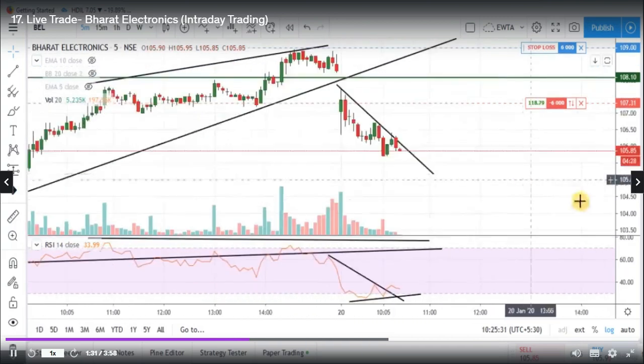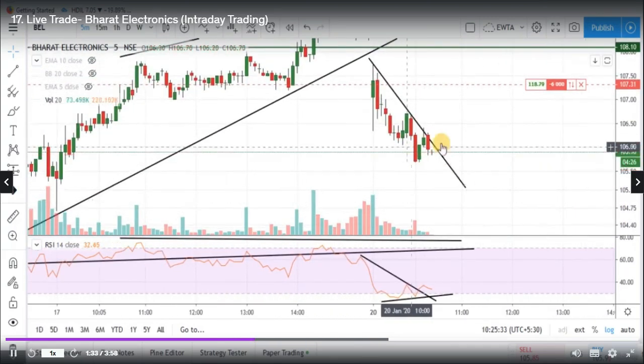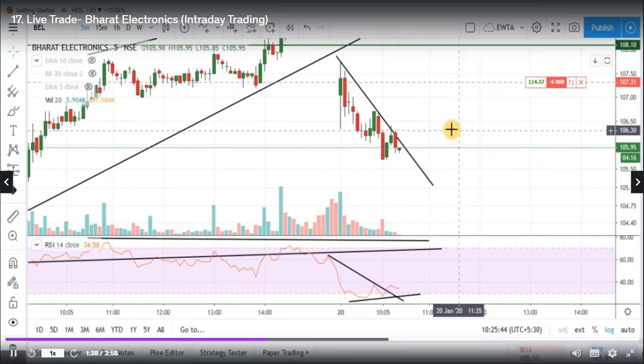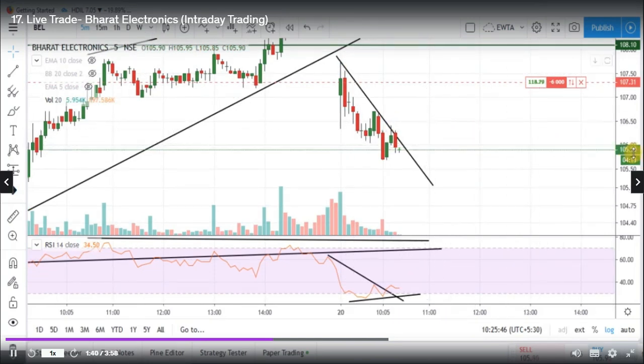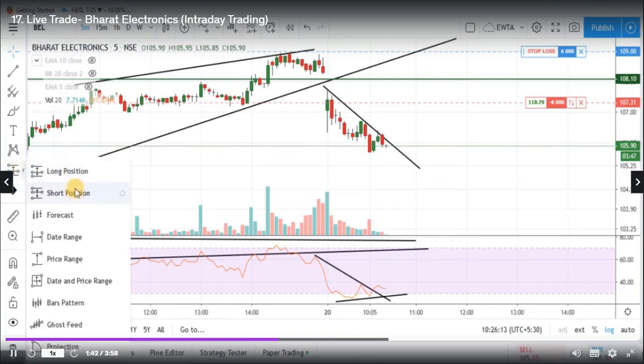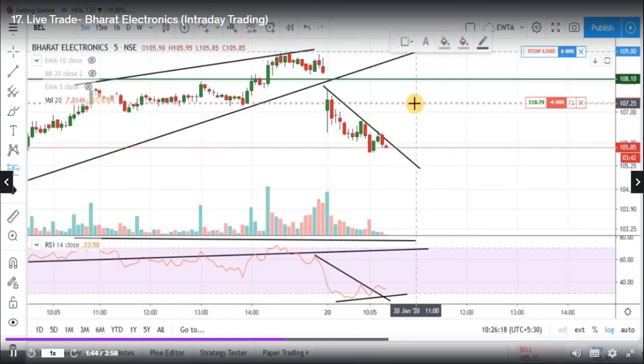Now you can see still we don't get any close above this trend line, so I will hold my short position in this stock, and at 1:1 R2R I will cover my half position.